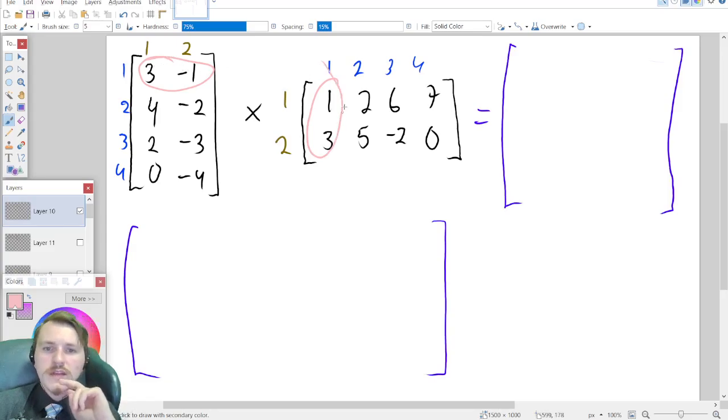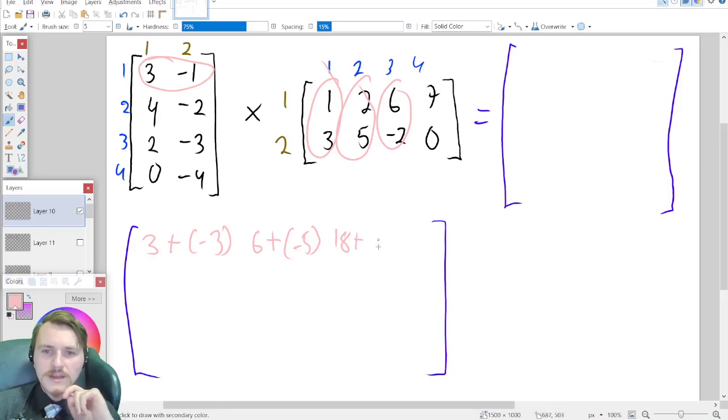First row times first column. 3 times 1 is 3. Plus -1 times -3 is 3. First row, second column. 3 times 2 is 6. Plus -1 times 5 is -5. 3 times 6 is 18.